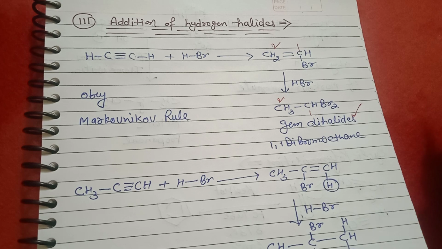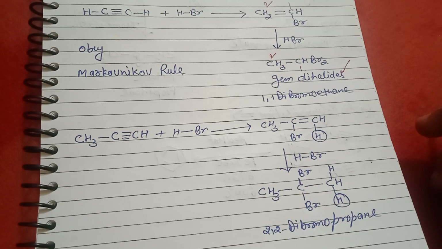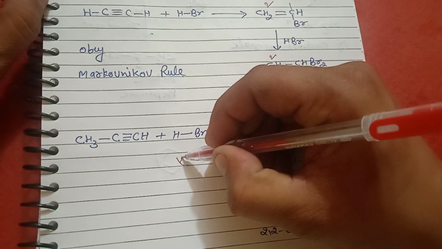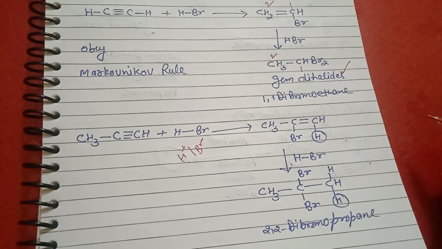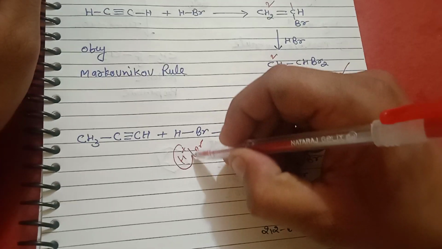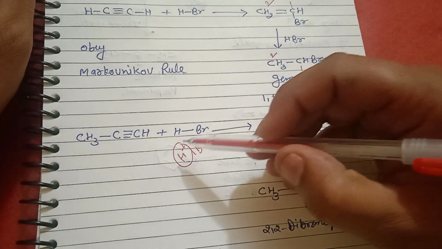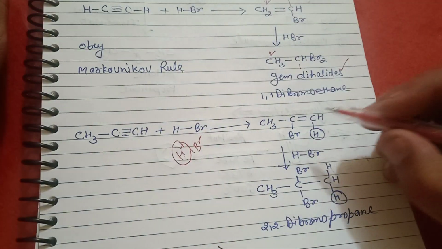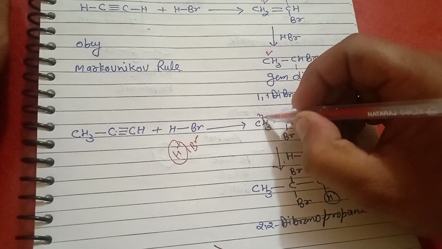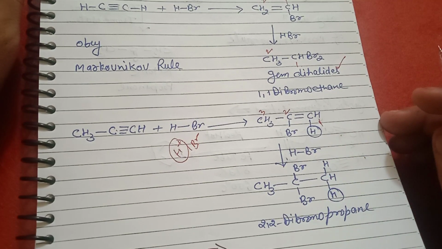In unsymmetrical alkyne addition, it obeys Markovnikov's rule. So due to Markovnikov's rule, HBr gives H positive and Br negative. The positive part of the reagent is attached to the carbon with more number of hydrogens. So hydrogen goes to this carbon and bromine goes to this carbon, giving 2 bromopropene.